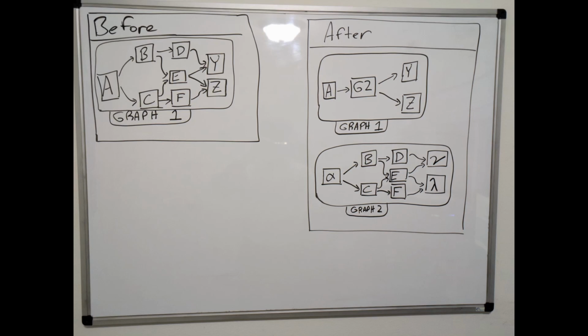If this was the structure of the editing, the only way you could do this is to manually create B, manually create C, D, E, and F, wire them up the way they already were, and then put in the alpha and the gamma and the lambda, and then wire them up to match the way that it looks in the after slide, right? So that's the worst case scenario.